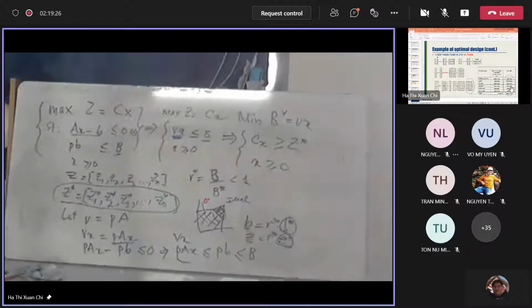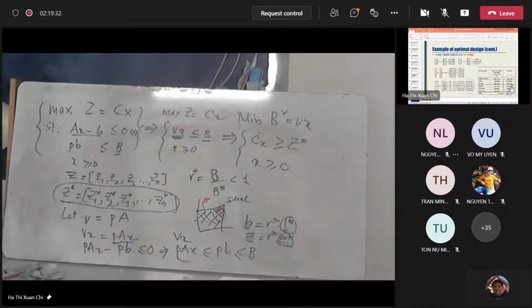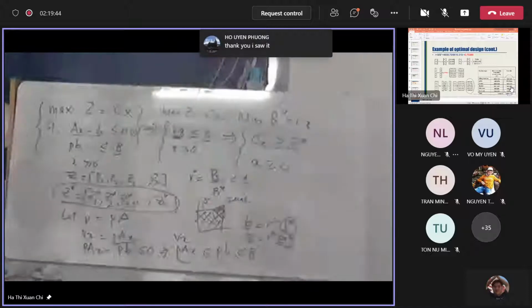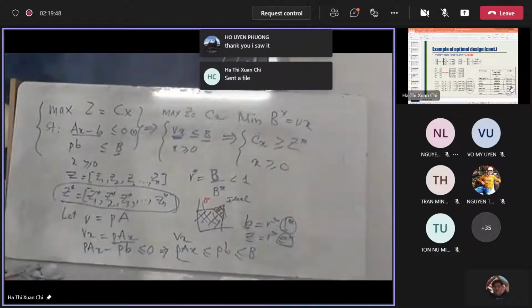Because it includes the goal and de novo, so you can see it as a de novo example.